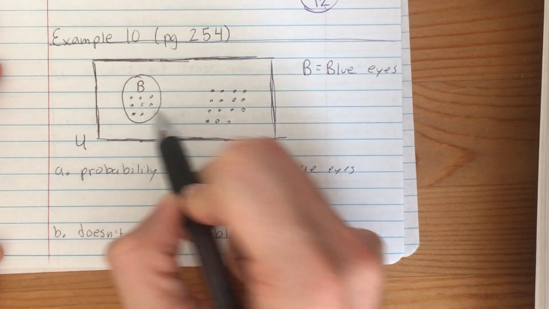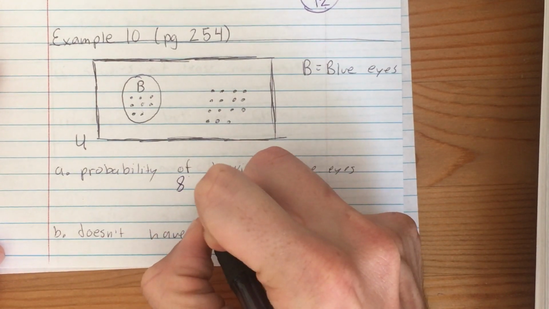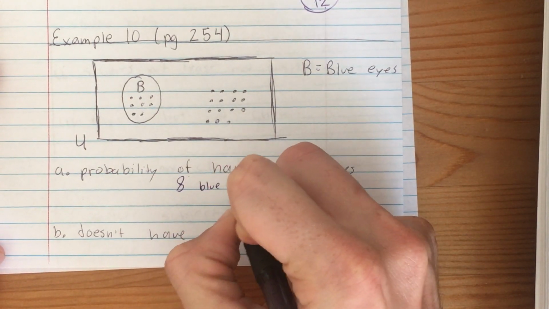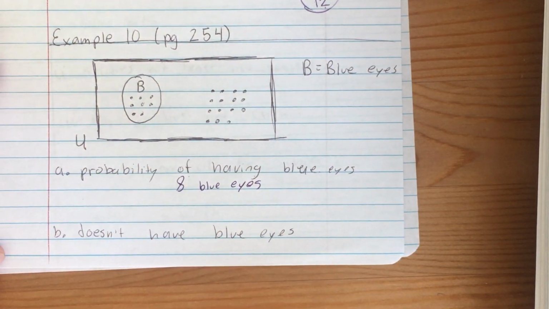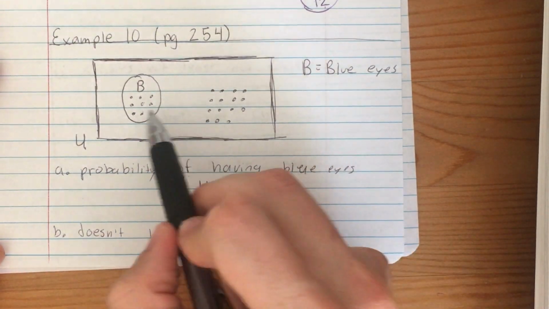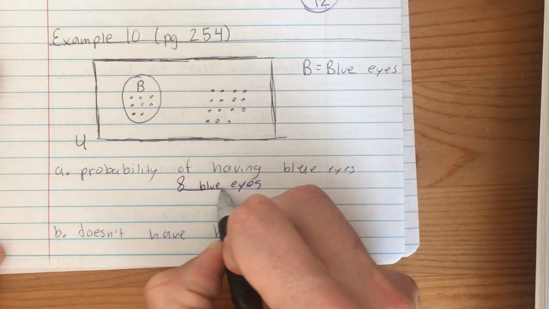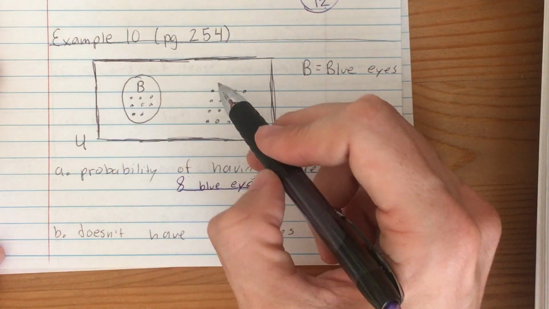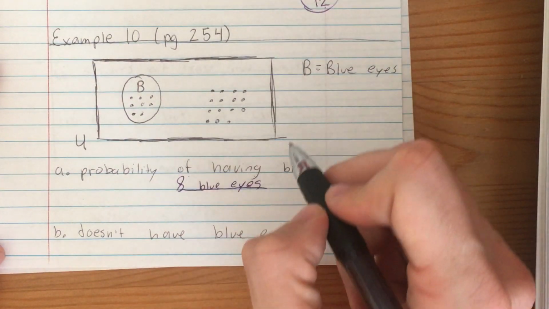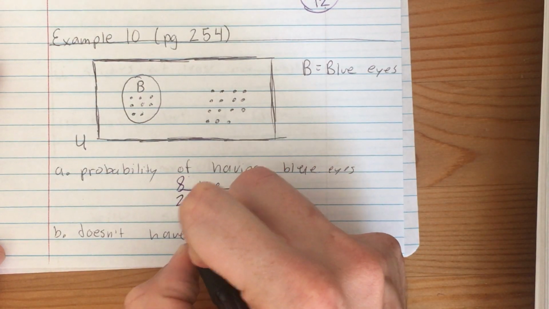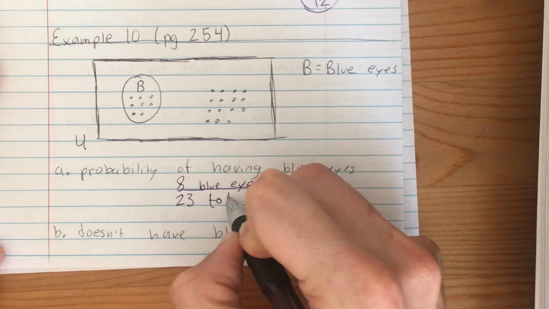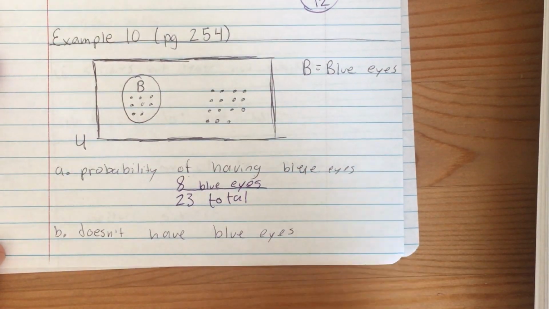So 3, 6, 8 people. So 8 blue eyes out of the total here. So we'd have to combine these two to get that denominator. So that's 8, and here is 12, 15. So that would be 23 total.